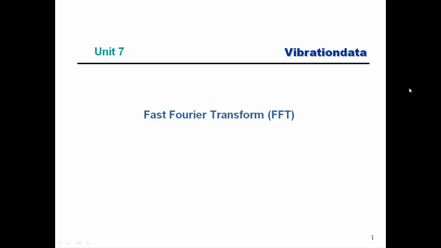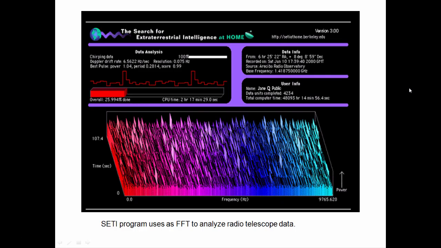So let's explain these a little bit here. This is just something kind of cute. A number of years ago, these were popular. Maybe this is still going on. But the search for extraterrestrial intelligence at home, and this was sponsored by an organization in Berkeley, California. Radio astronomy data would be taken and fed into the volunteers' home computers.